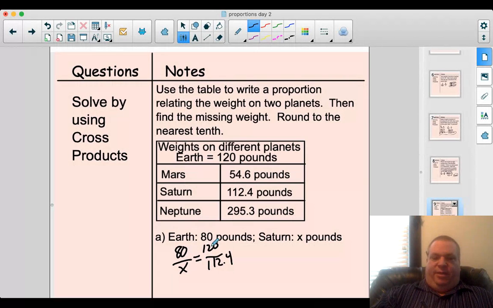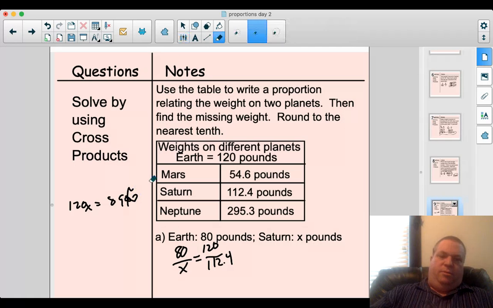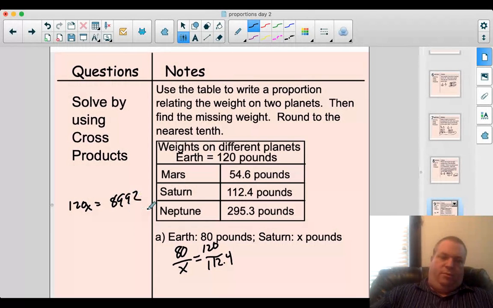So if I cross multiply, I do 120 times x is 120x. And then 80 times 112.4 would be 8,992. Then to solve that for x, I've got to divide both sides by 120.